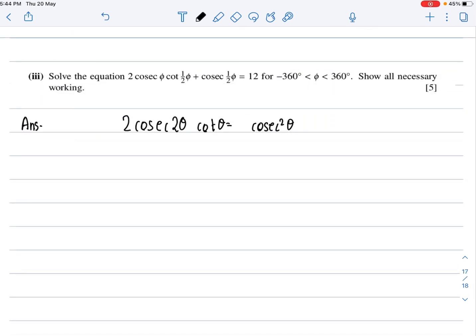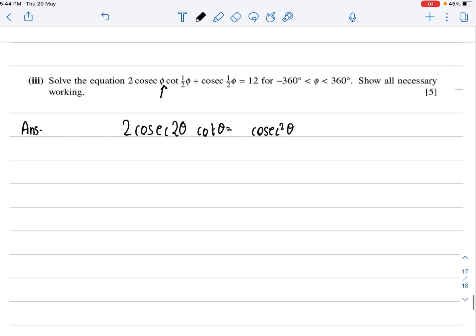Yes, so this is the third part of the question. So they have given us 2 cosec, let me call this phi, because in statistics, the sign looks like phi, okay? So 2 cosec phi cot half phi plus cosec half phi equals 12. And I need the value of phi from minus 360 degrees to 360 degrees.